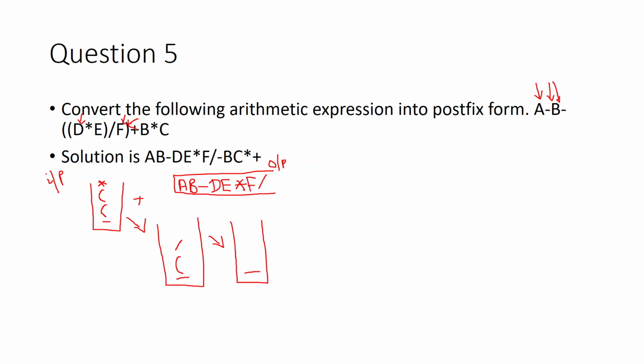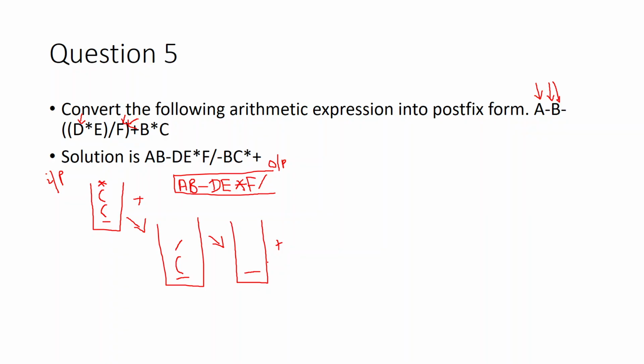Okay. So the next one is the plus. So listen here. When we insert one operator into the stack, we need to compare the current operator with the existing operator. Here these two have equal precedence but are different operators. In this scenario, we need to check associativity.